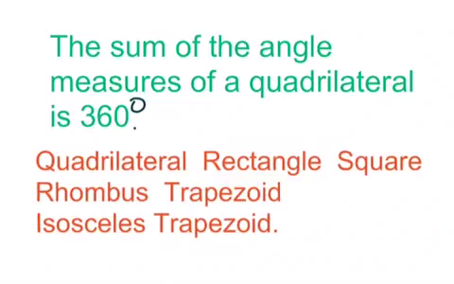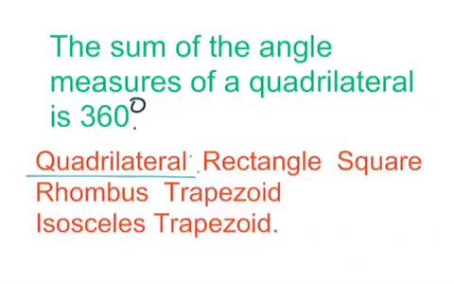Very quickly, the sum of the angle measures of a quadrilateral, which is a four-sided figure, is 360 degrees. These are all of the names. A quadrilateral is any four-sided polygon, so all of the following terms are classified into the family of quadrilaterals.